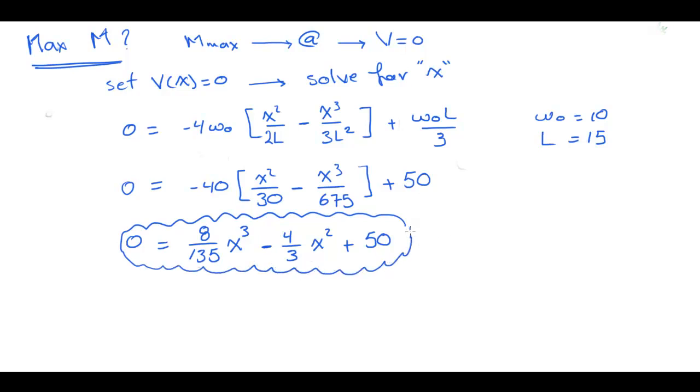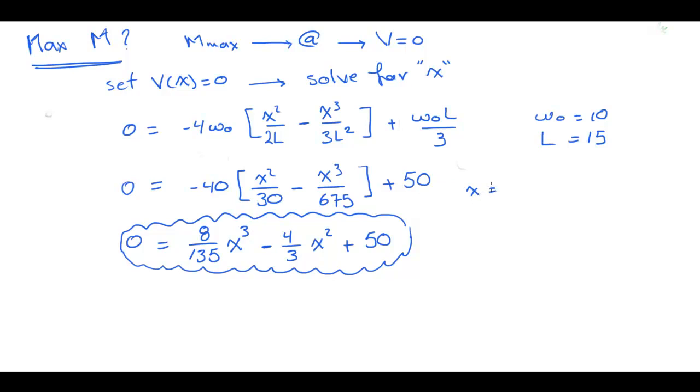We have this equation to solve. If you know how to solve it manually, good luck. If you have a calculator that can do this for you, that's great. I used Mathematica to solve it, and I got 3 values, of course, because we have it to the 3rd power.